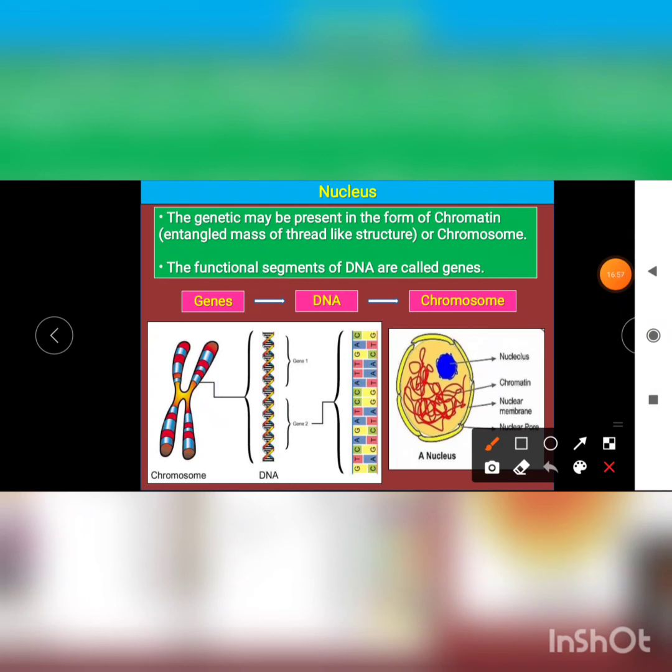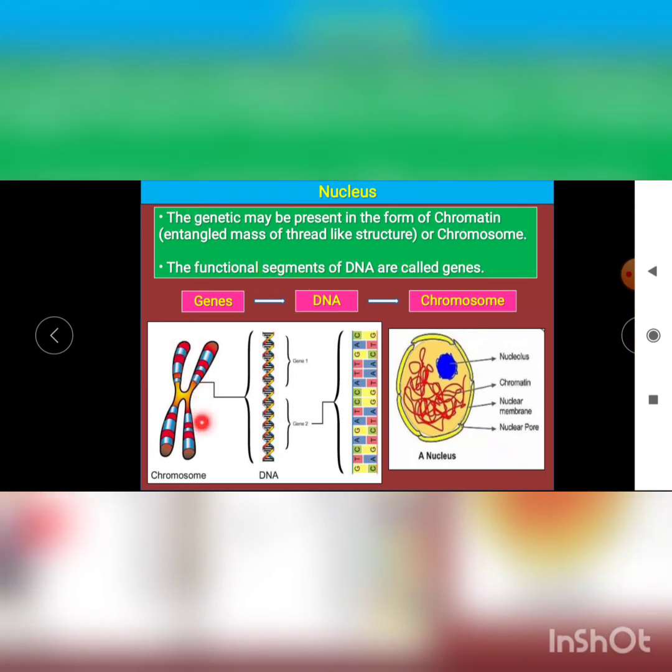Let me write the spelling: Histone. Histone protein. The genes make up DNA, and DNA wrapped around histone protein makes up the chromosome. This is chromosome.